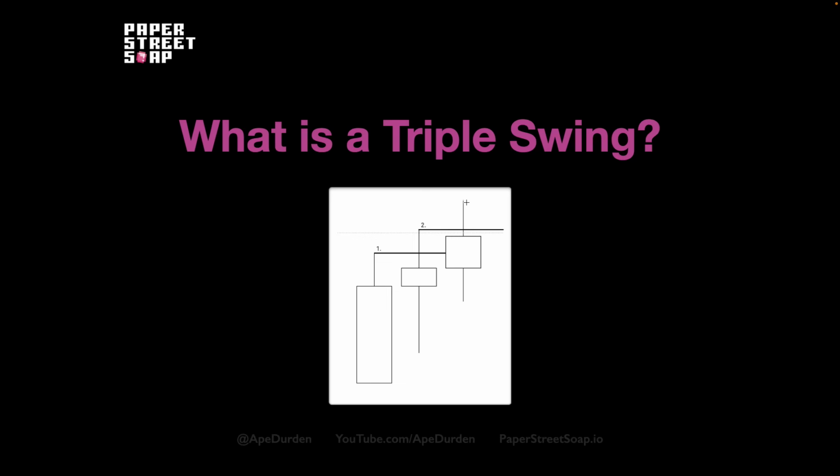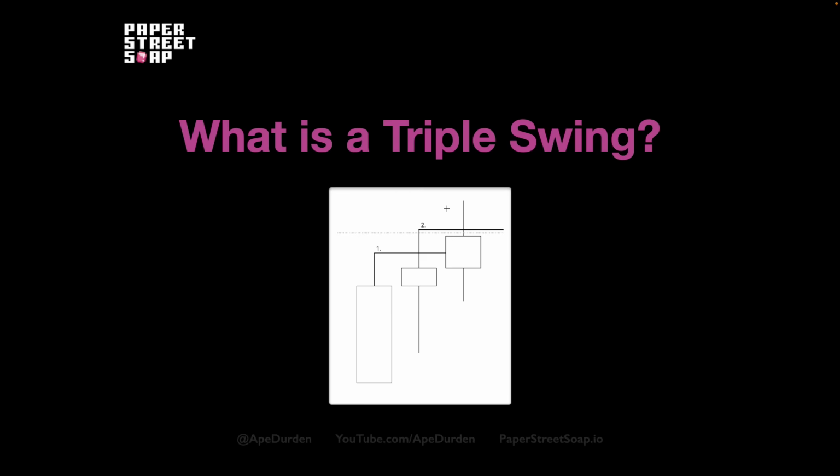So here we had our second consecutive swing fail and we closed inside. When I say inside, I mean below the previous week's high. You want to close inside. So that is the triple swing: one, two, three, two consecutive swing fails.